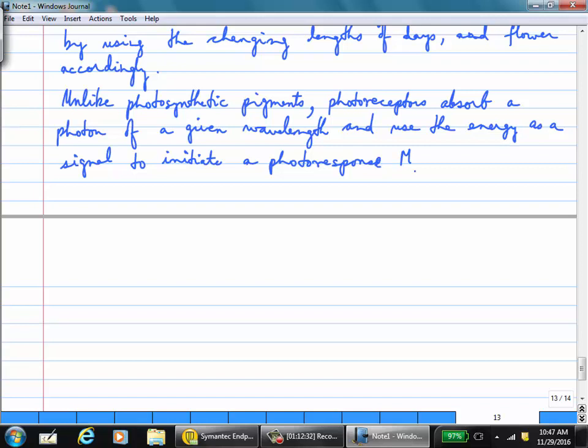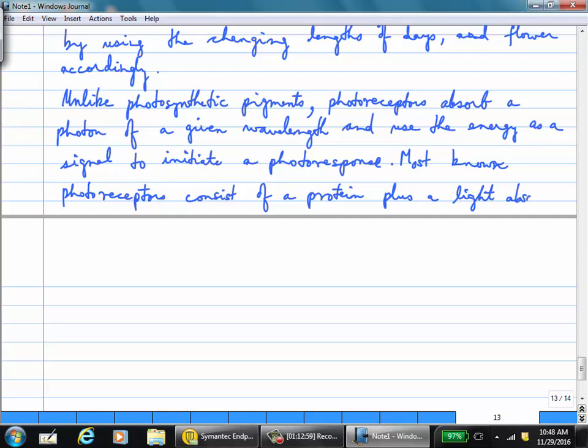Most known photoreceptors consist of a protein plus a light absorbing chromophore.